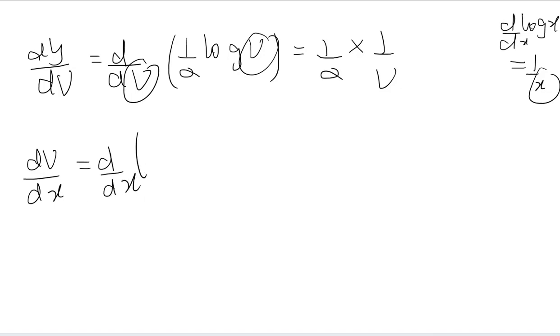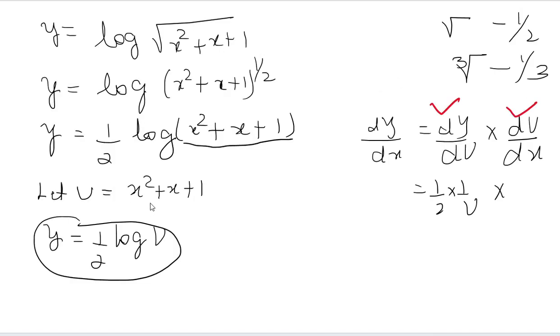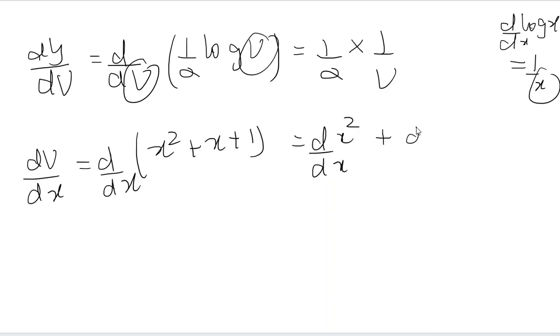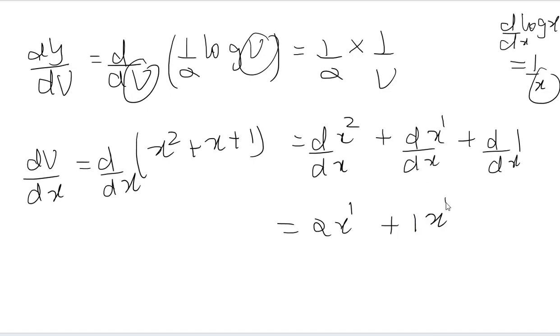Our u is nothing but x square plus x plus 1 over here. Now again we share the derivative. It becomes d by dx of x square plus d by dx of x plus d by dx of 1. Now this answer will become 2x to the power 2 minus 1, which is 1. This will become 1, the power is 1, x raised to 1 minus 1, which is x raised to 0.